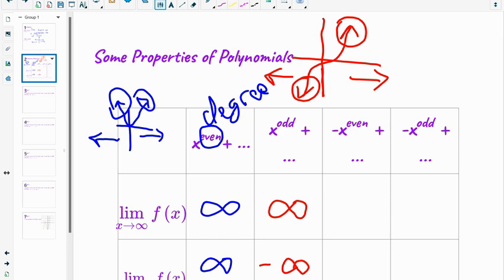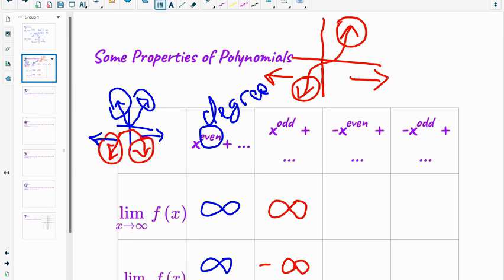Now, what I've got here is the negative even and the negative odd, meaning if we reflected it across the x-axis. If we reflect across the x-axis, this polynomial is now facing downward. So an even degree polynomial would now have the arrows pointing downward instead of upward.